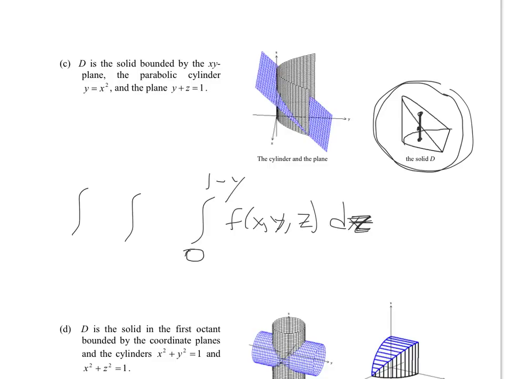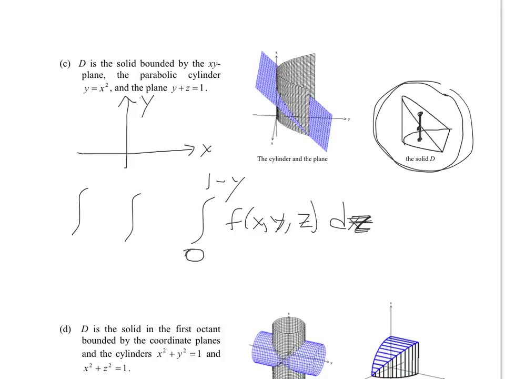Okay, so now we've gotten z out of the way. What do we do next? We need to now look at the shadow that this solid makes in the coordinate plane of the remaining 2 variables. And that, of course, would be the xy plane.